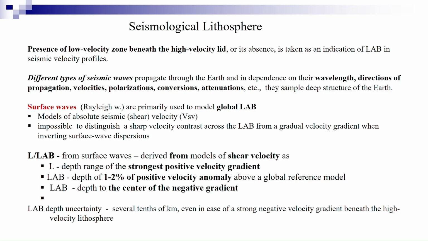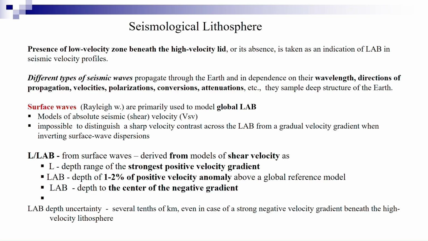Presence of a low-velocity zone beneath the high-velocity lid, or its absence, is taken as an indication of LAB in seismic velocity profiles. Different types of seismic waves propagate through the Earth, and depending on their wavelength, direction of propagation, velocity, polarization, conversion, attenuation, and so on, they sample depth structure of the Earth.